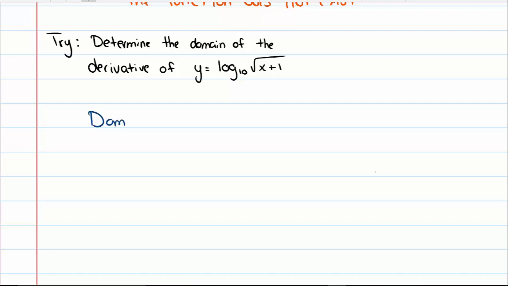So the domain of f of x is, and again, it's under a square root, so we cannot be negative, but also, since it's a logarithm, we also can't be 0. So the domain is x such that x is greater than negative 1. Not greater than or equal to, strictly greater than.